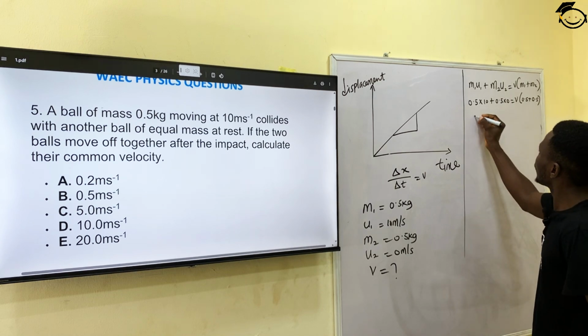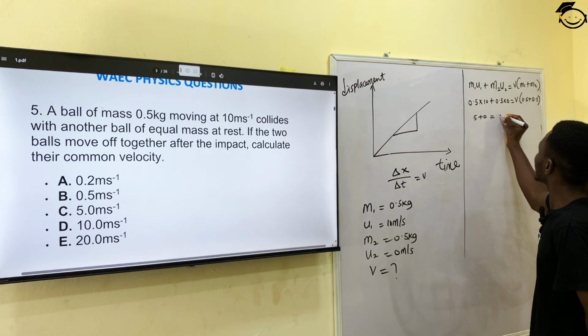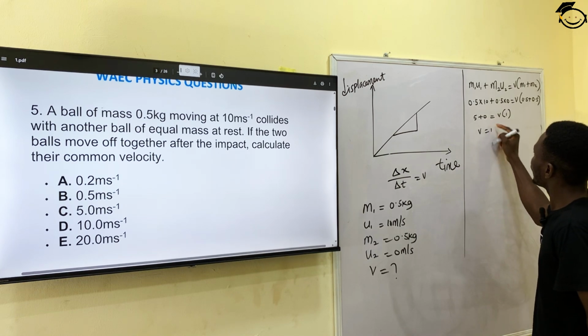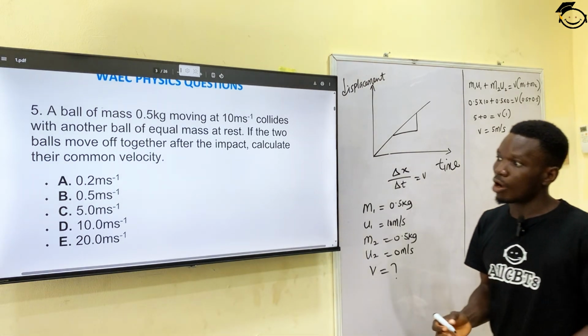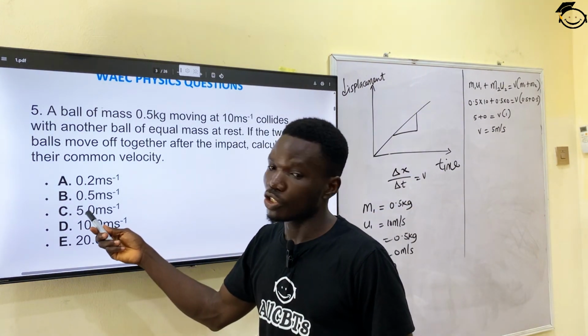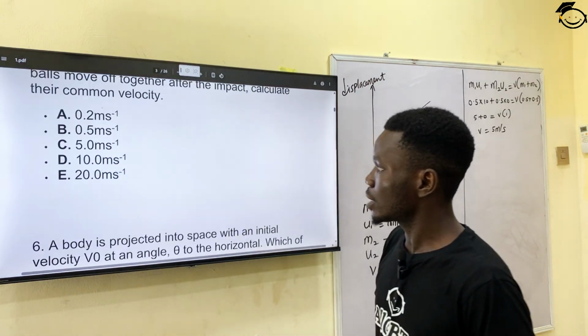So this will give me 5 plus 0 is equal to V open bracket 1, and this will mean that my V is 5 meters per second. So looking at our options, our 5 meters per second is option C. So moving on to question number 6.